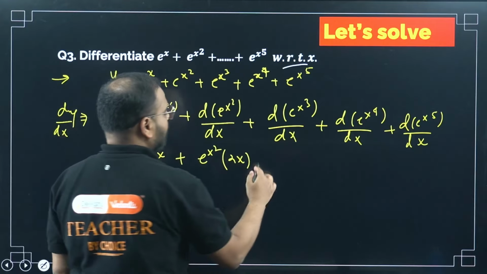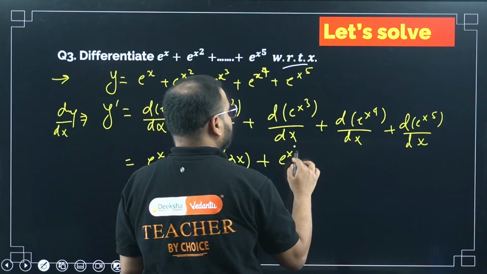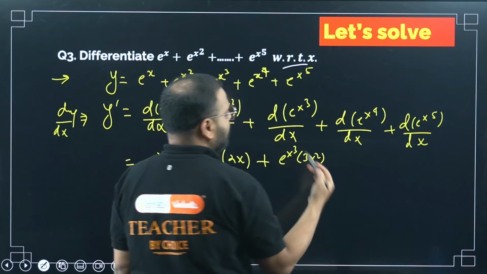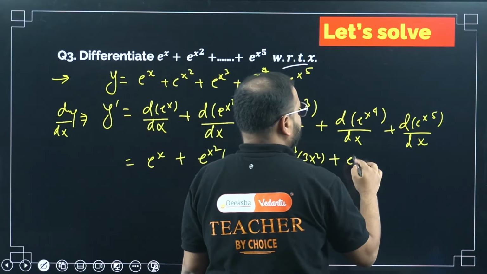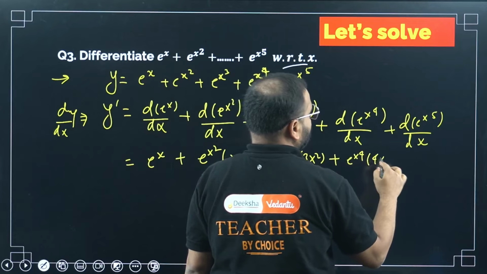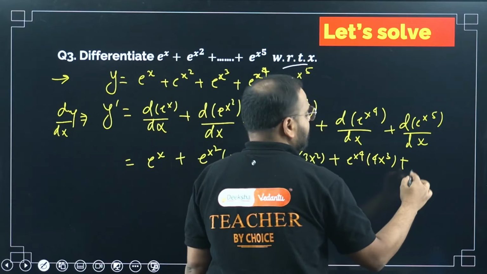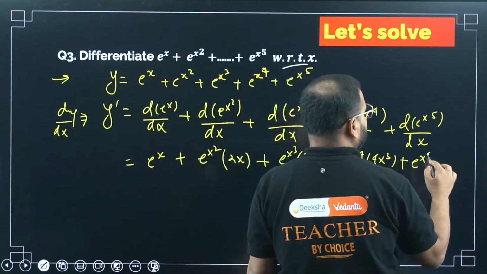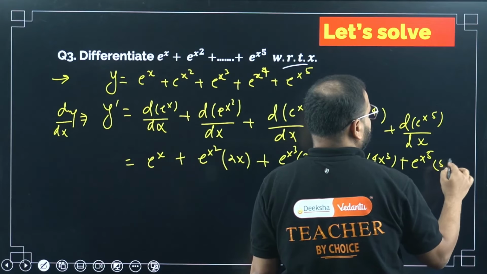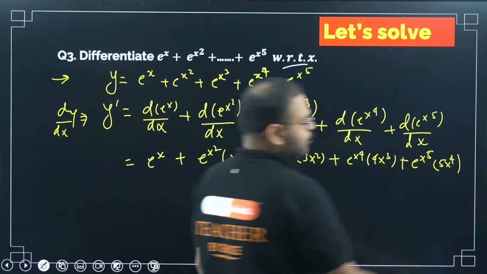What about the next one? E power x power 3, then 3x square. What about the next one? E power x power 4, then 4x cube. What about the next one? E power x power 5 and 5x4. Don't ask me how.